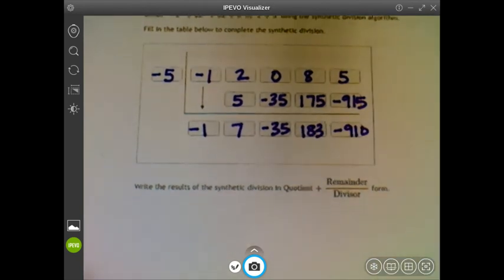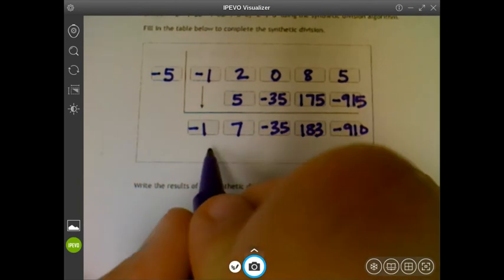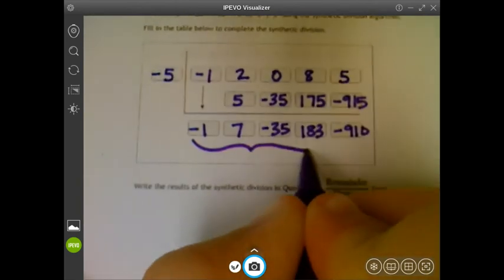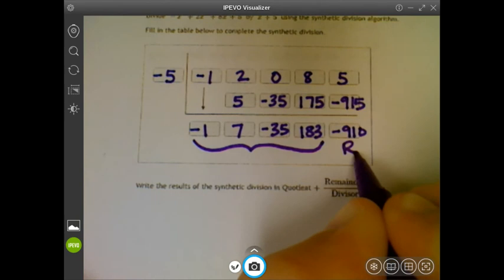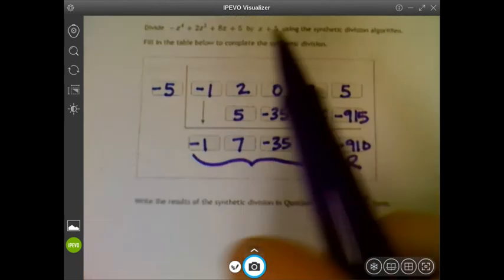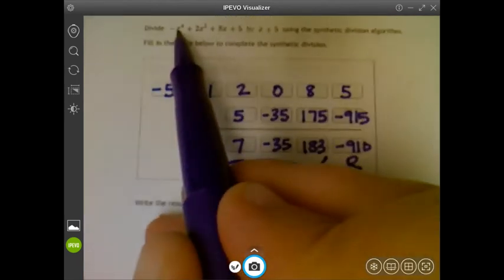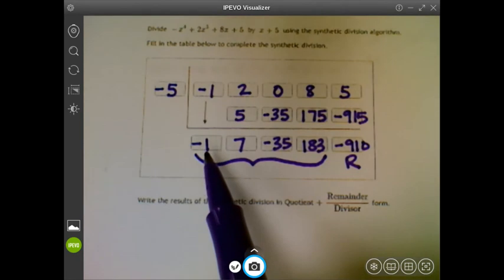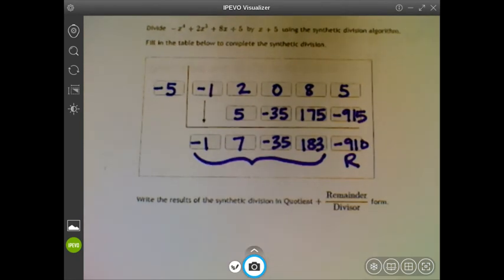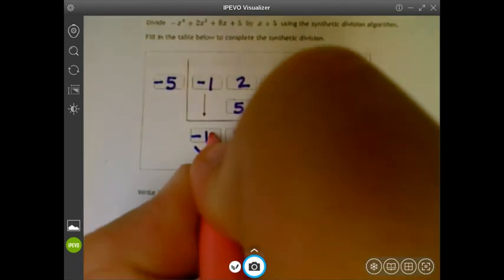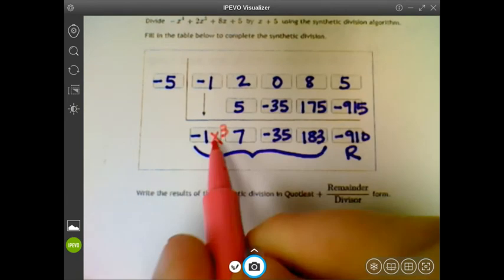All right, so here's the results. The quotient is based off of these, and then this one is your remainder. Because the original problem had an x to the 4th, that means this is going to be x to the power of 3. So it always just drops by 1. So this will start with an x cubed, and they'll go in order.